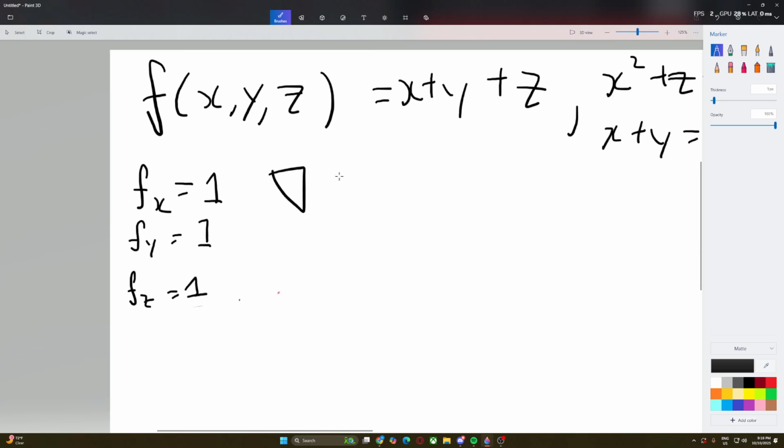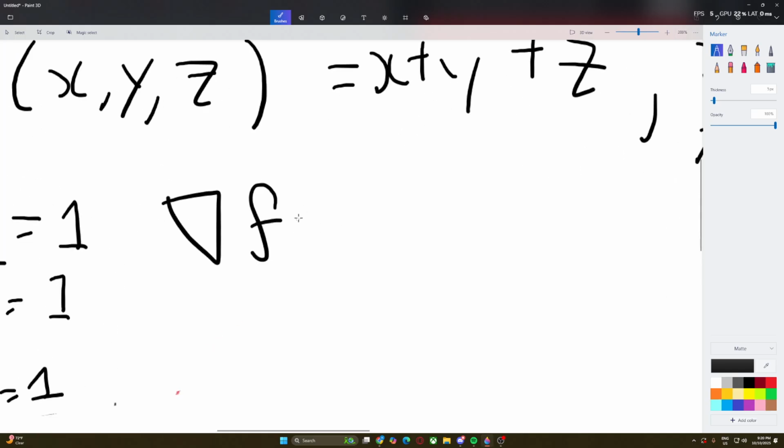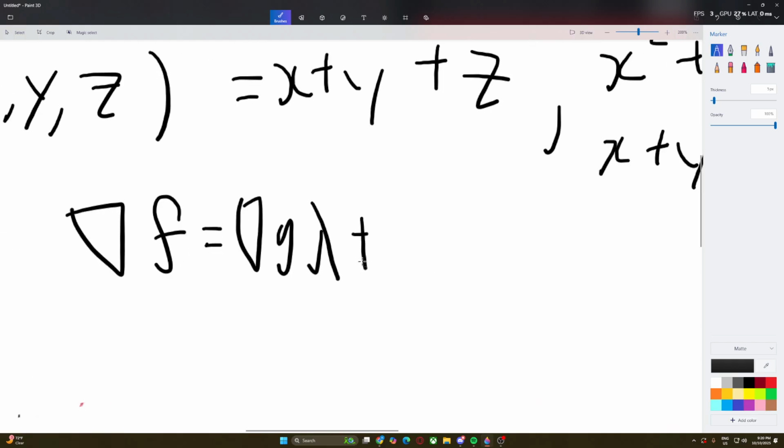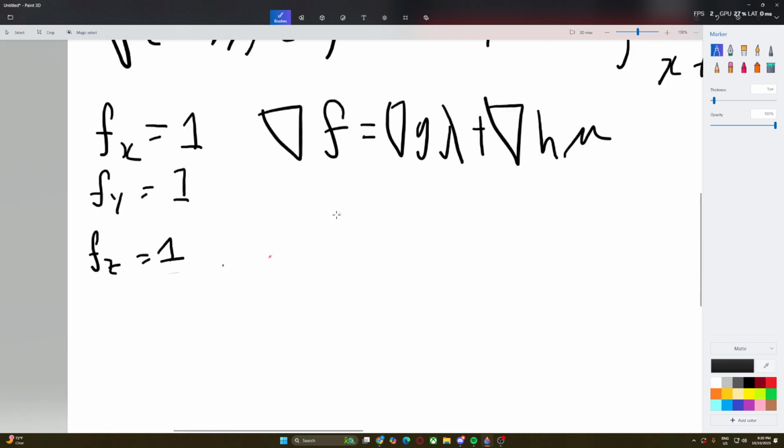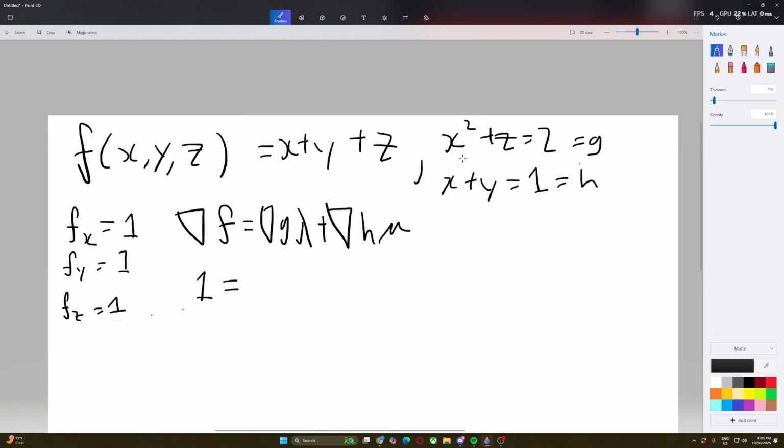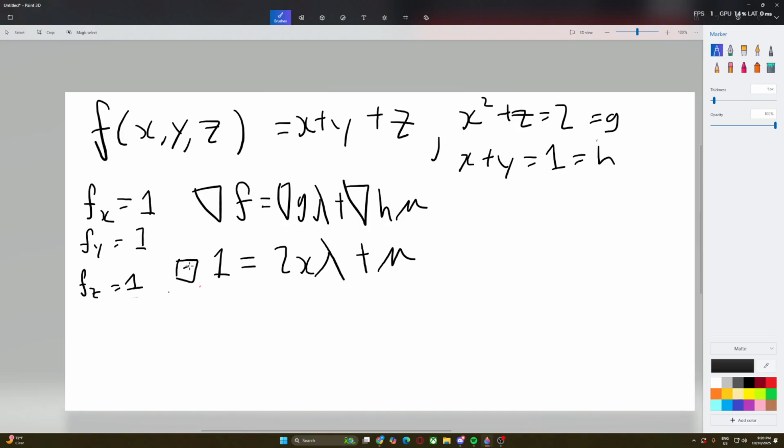And to find the Lagrange multipliers, we do g lambda plus h mu, and we get 1 equals, and let's get the partial derivative with respect to x of g, that should be 2x. 2x lambda plus, and this would just be 1, so mu, that's equation 1.